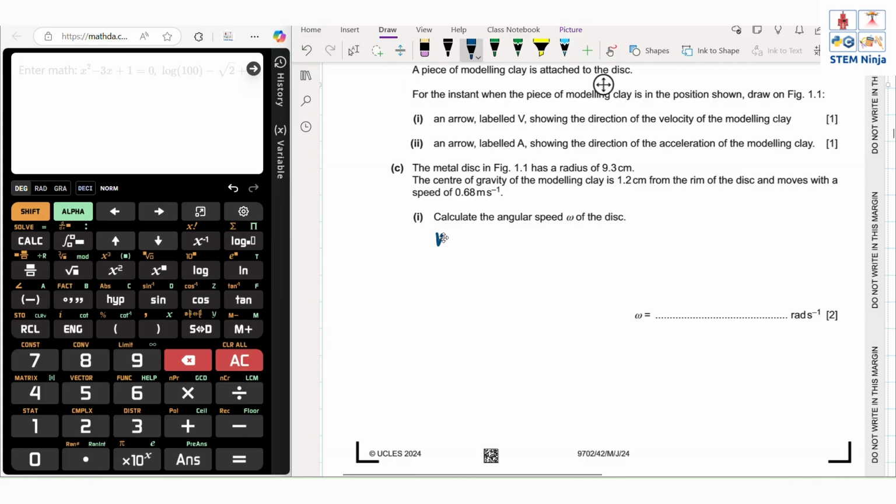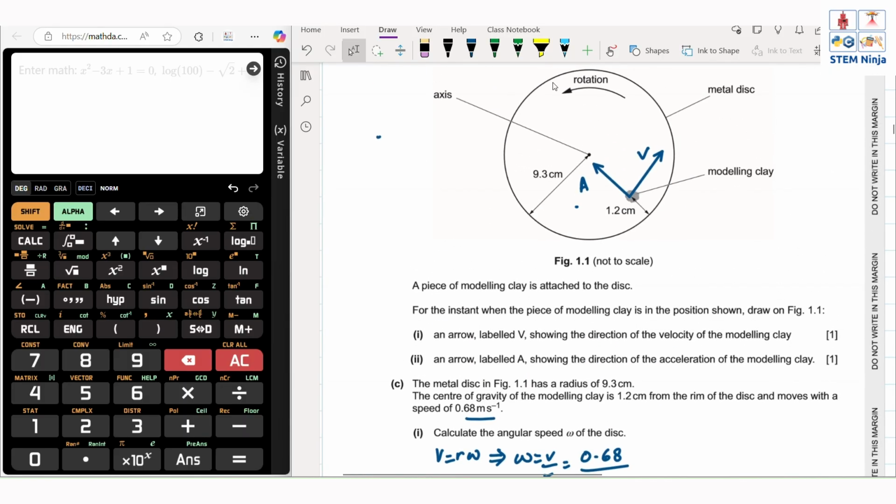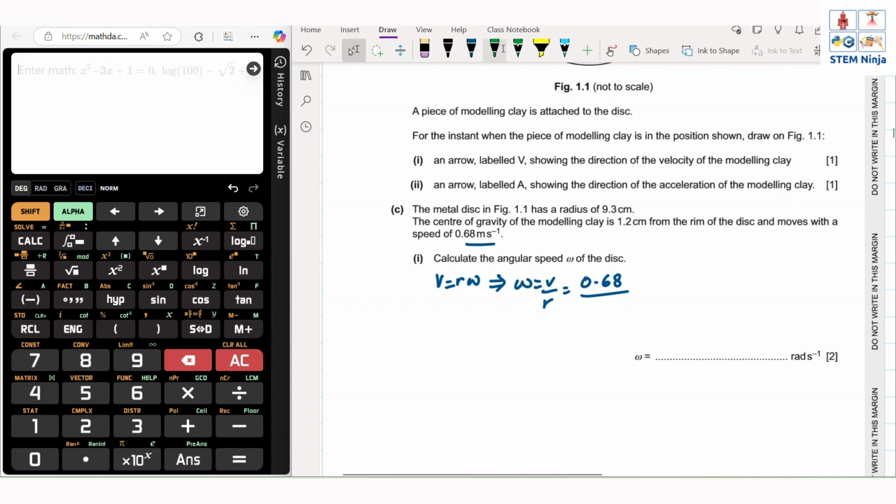We know that v is equal to r omega, so omega is v over r. v is 0.68. For r, we need the distance between the axis and the modeling clay, which is the difference between 9.3 and 1.2, converted into meters with 10 raised to the power minus 2.